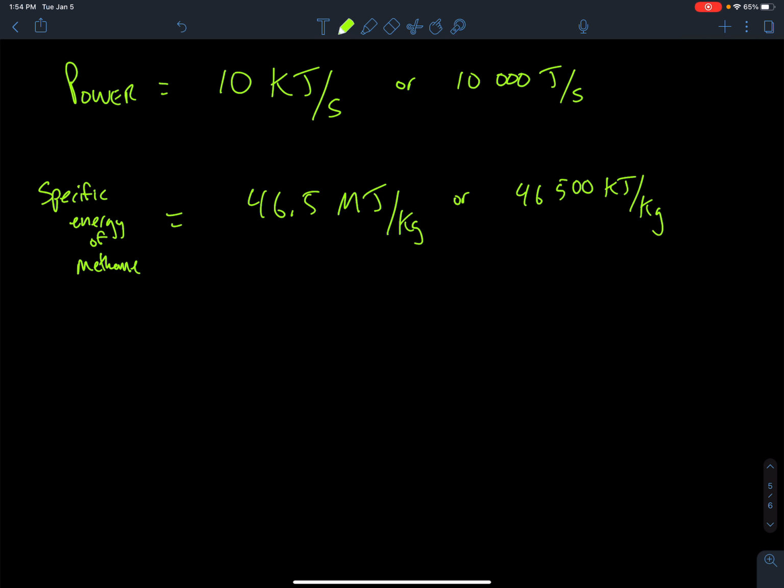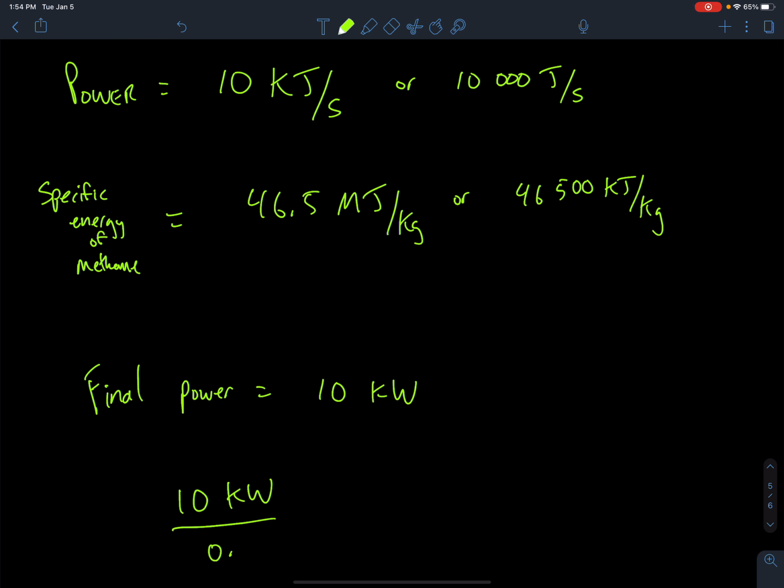So we'll have to go backwards. The final power is equal to 10 kilowatts, and that's after 70%. So let's find out what the actual power being produced by that furnace would be if energy wasn't lost. 10 kilowatts divided by 0.7 will give me the theoretical power of the furnace.